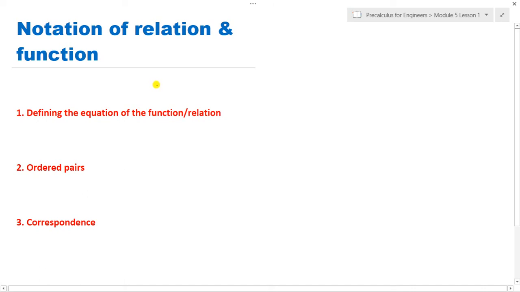So to express these two entities, relation and function, in mathematics books, they normally denote this as f, para shortcut for function, f of x. This f of x denotes our dependent variable.